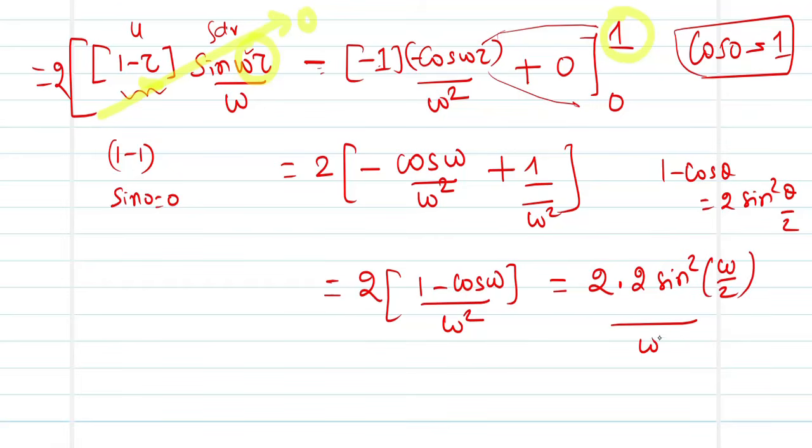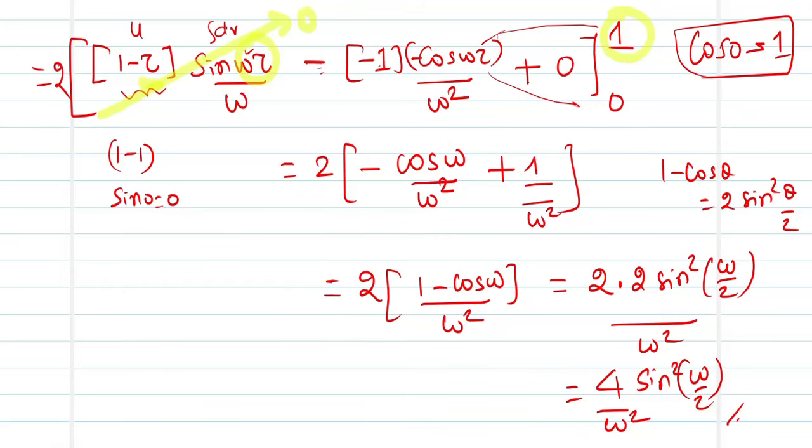This now makes the final answer 4 sine square omega by 2, and the constant over here is omega square. Keep in mind, at no point are you able to cancel this omega with this omega, because one omega is an angle and the other omega is a constant. An angle and a constant cannot be cancelled off, so leave it as such. This is going to be our final answer.